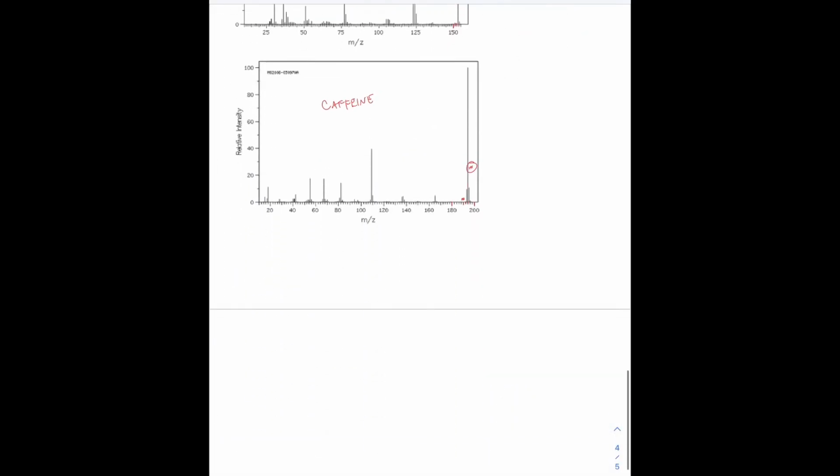All right, so let's move on to another example of how useful the mass spec can be in identifying functional groups. It's not only giving you the molar mass of something, but it's actually helping you determine if there's a nitrogen in there, or in this case, a bromine or a chlorine.